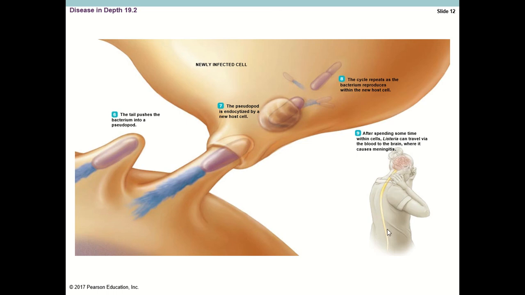That canal contains cerebrospinal fluid, and given the fact that this bacterium does make it into the brain in extreme cases, then you can find the toxins within the cerebrospinal fluid.